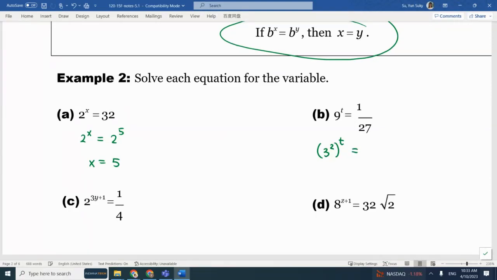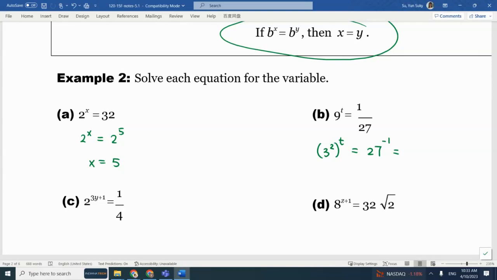How about on the right-hand side? So do you see 27 is in the denominator? If you want to move it up, what do you do? Raise to the -1. And what is 27? You want to get an easier base.